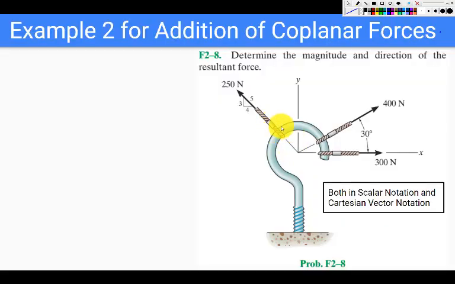Even though these three forces are not acting at the same point, they act in directions that lead to the same point, so we can assume this to be a particle. We can assume all three forces are acting at one point, and the hook is just a point particle. We want to find the resultant of the three forces.